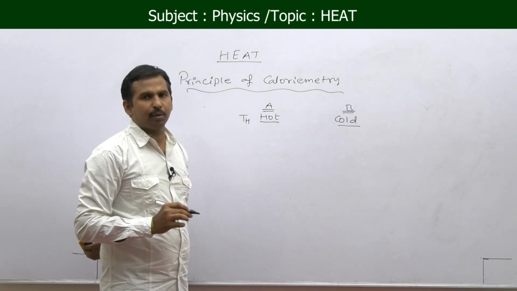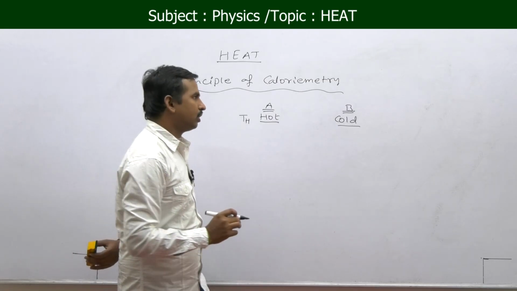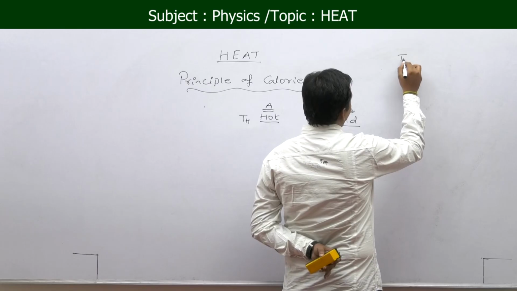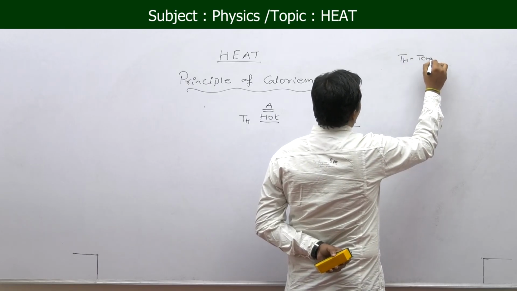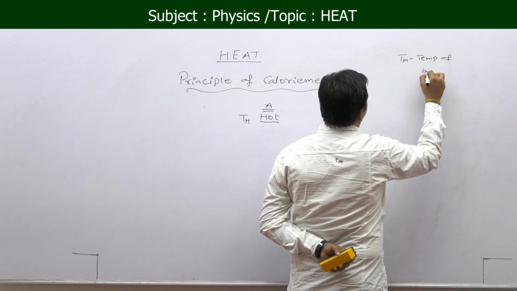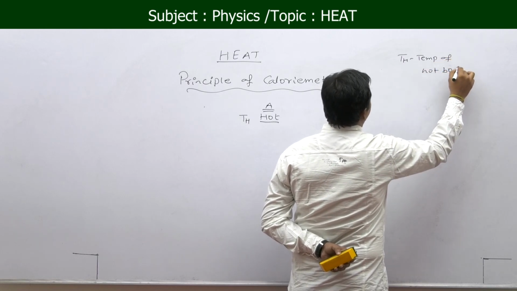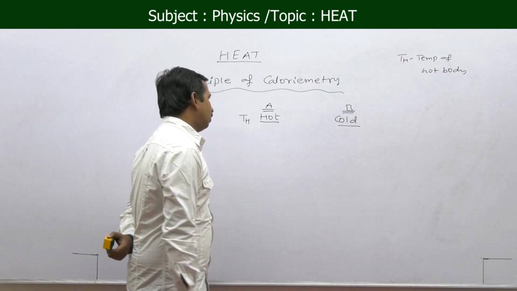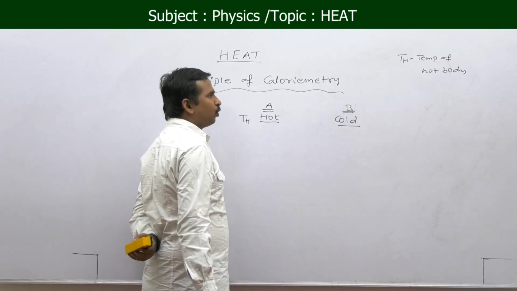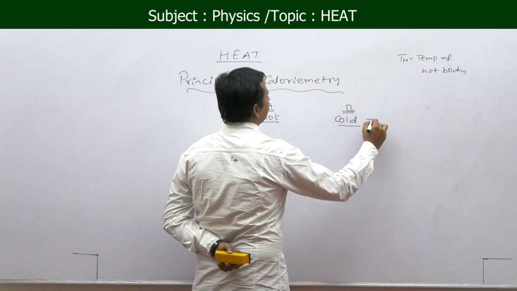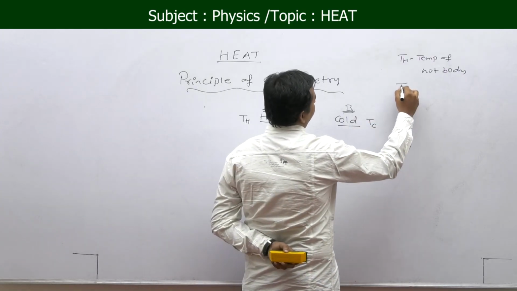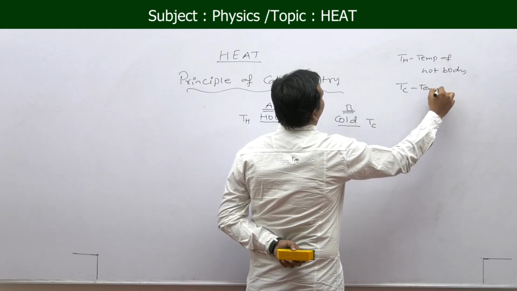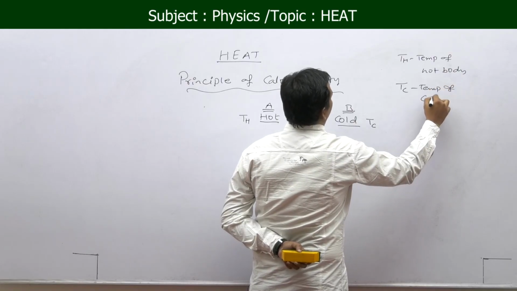TH represents the temperature of the hot body, you better note that. Now the cold body: let it have the temperature TC, the temperature of the cold body.